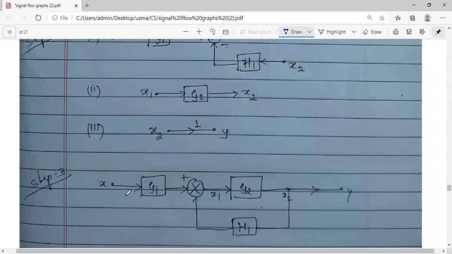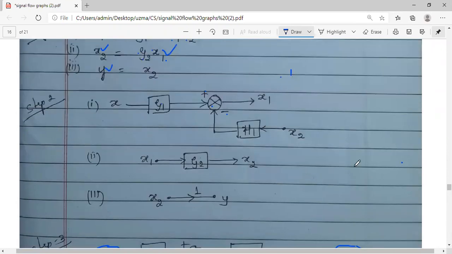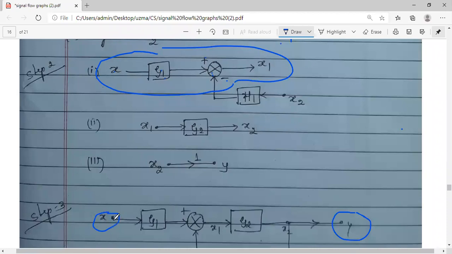So here also finally you take x at the leftmost, y at the rightmost. Now first I will draw this particular block from x, because I have to combine all three. From x, you have a block G1, you have an adder, that is summing point, and x1. So I will use this as it is. You have a summing point and you have x1. Okay, this part is over.